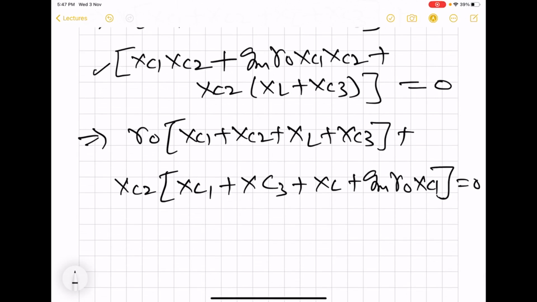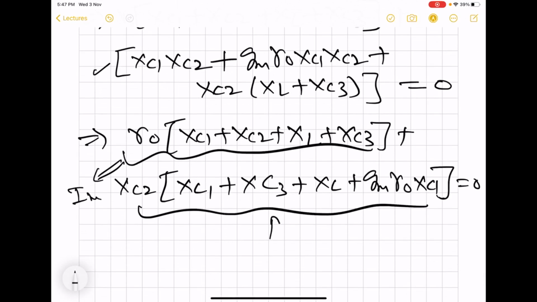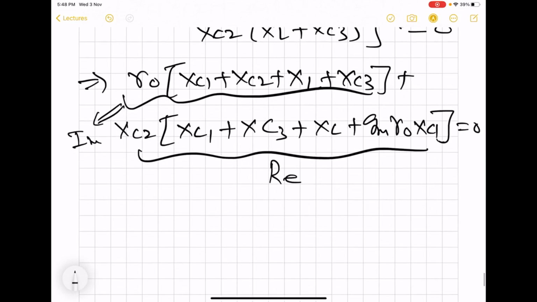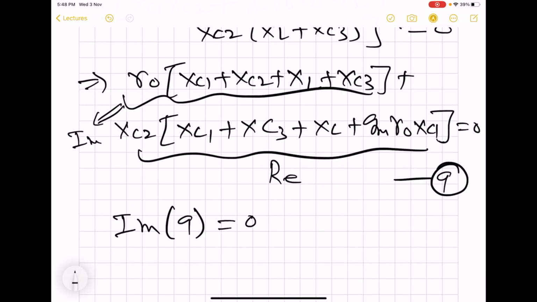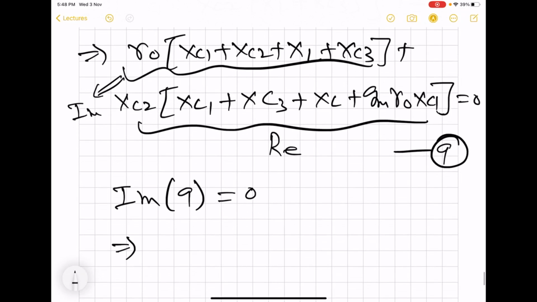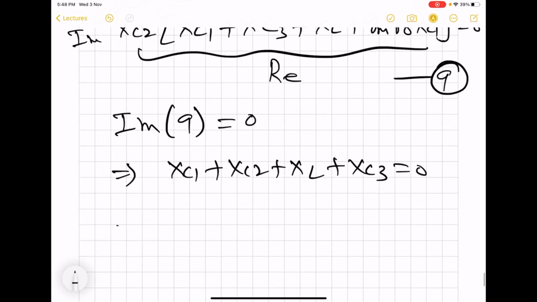We now have this as the imaginary part and this as the real part. So the imaginary part of equation 9 equal to 0 implies XC1 plus XC2 plus XL plus XC3 is equal to 0.